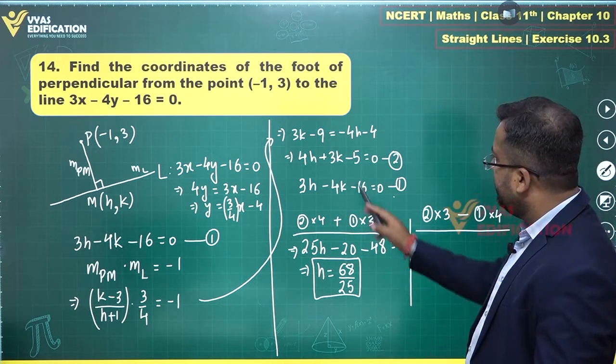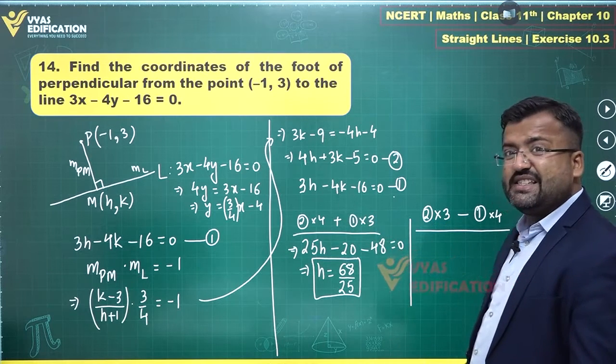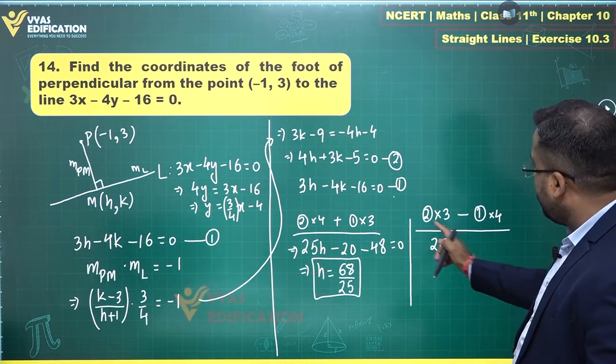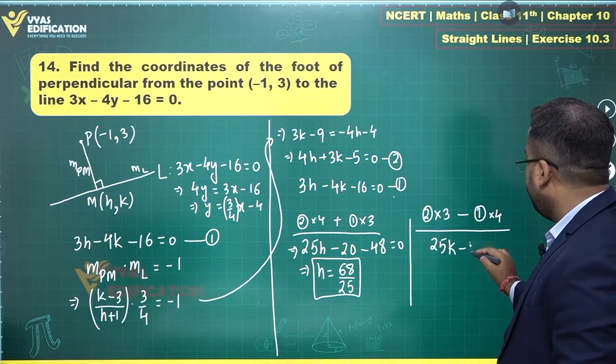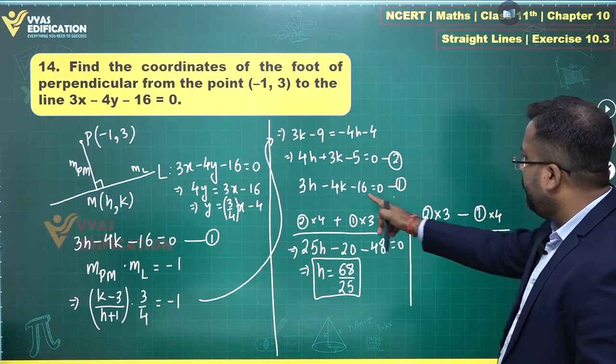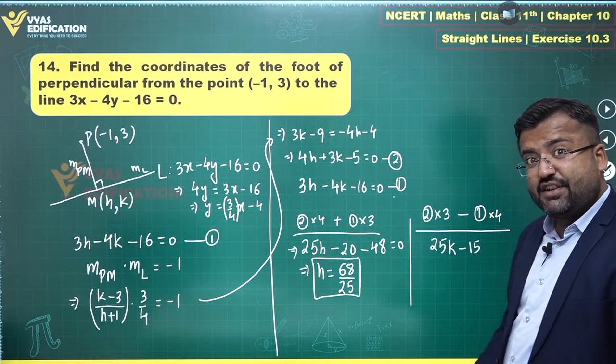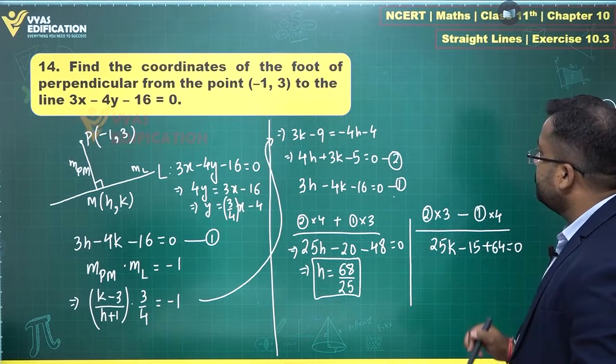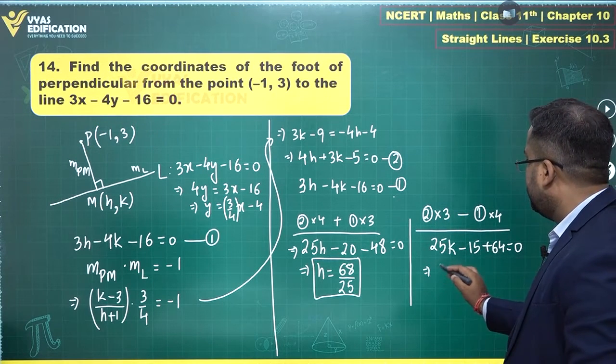They will get subtracted. This times 3 is 9 plus 16 will be 25k. Next we have minus 15. And 16 into 4 will be 64, but there is an extra minus over there, so that becomes plus 64, equals 0. On the right hand side you have a 0.